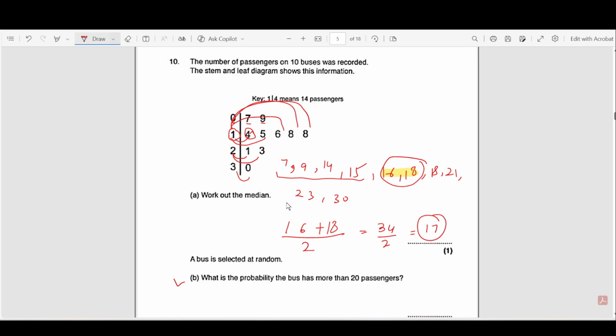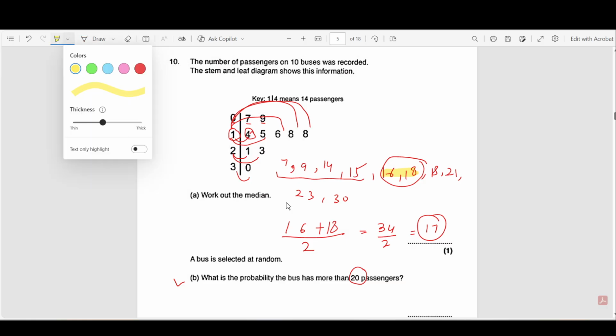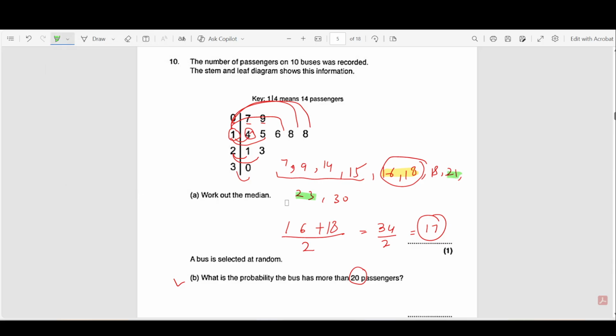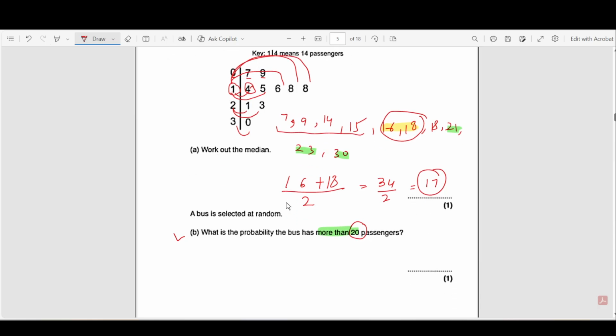Next is, what is the probability bus has more than 20 passengers? So basically, first you identify the number of buses with more than 20 passengers. Let me use a different color. More than 20 is 21, 23 and 30, right? So that means there are three such buses, which has more than 20 passengers.